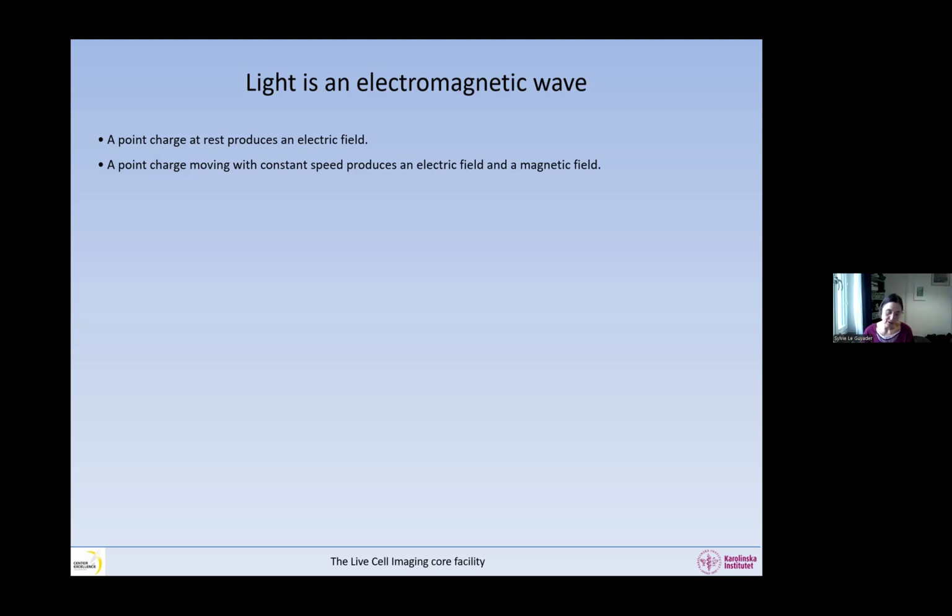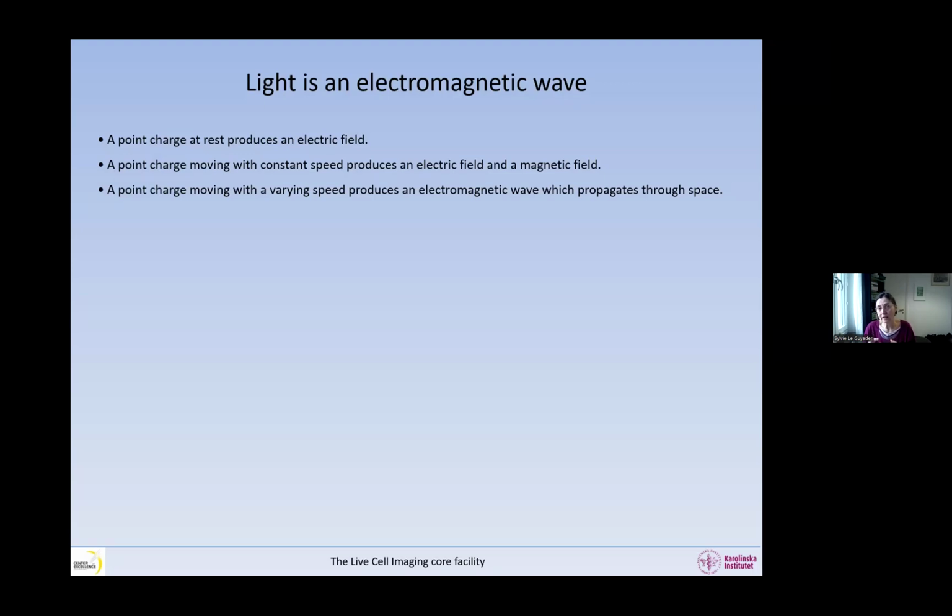But if the charge starts moving with a constant speed, then it produces an electric field and a magnetic field. And now, if the charge accelerates and decelerates, so it moves with varying speeds, faster and slower, faster, slower, then it produces an electromagnetic wave which starts propagating through space.